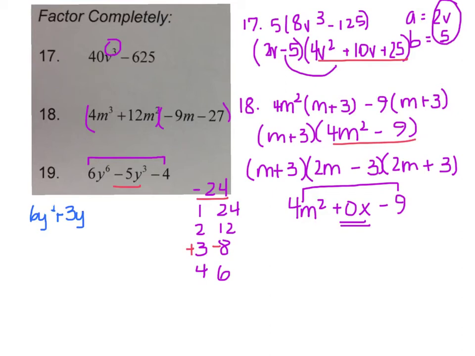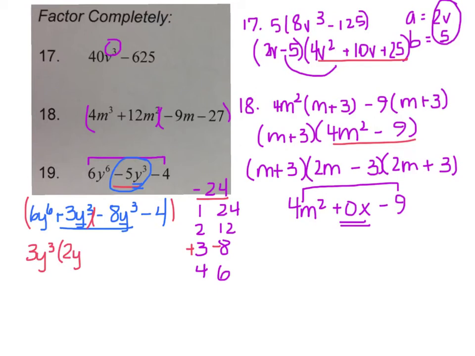Oops, this needs to be cubed minus 8y cubed minus 4. Don't forget, these two middle terms need to add up to this middle term. So whatever variable this has, these must also take on. I'm now going to group, and the first group has a 3y cubed times 2y cubed plus 1.